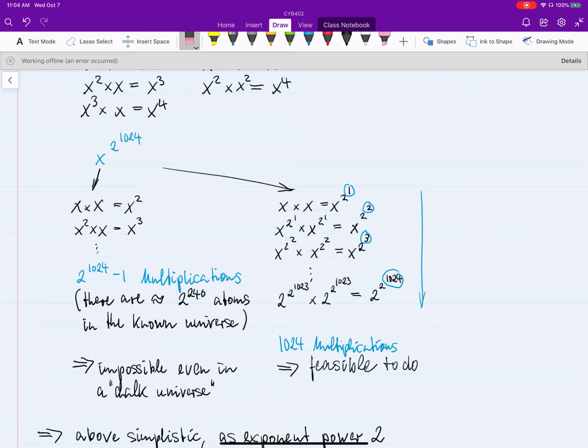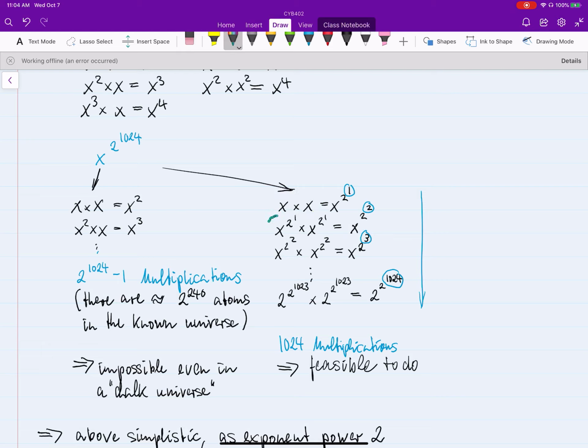Remember, in the beginning, we start out with x times x. So this is x to the 2. If we rewrite the exponent to something at base 2, this is, of course, 2 to the 1. Okay.